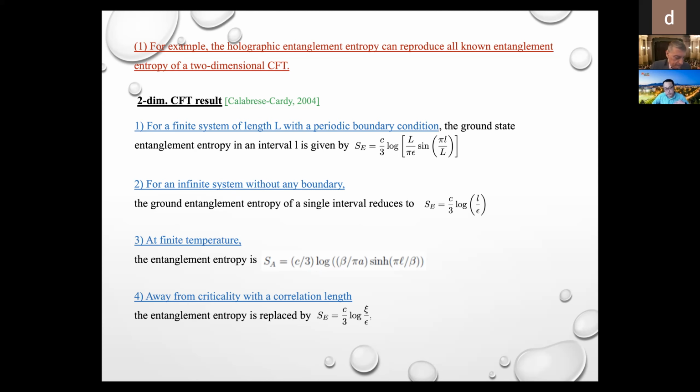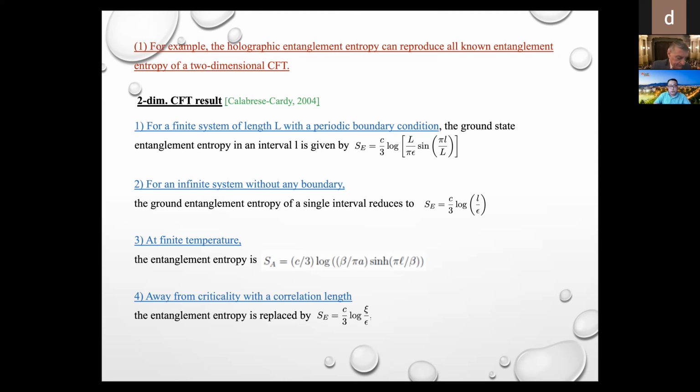However, if we consider the higher dimensional case, unfortunately we have no exact result for higher dimensional conformal field theory, except for free theories.